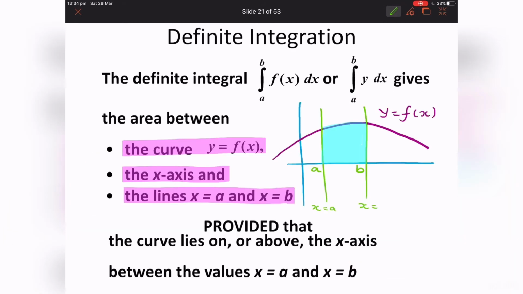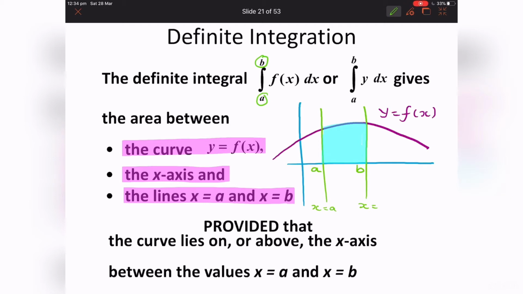So the definite integration means that on the integral sign here, we have limits from a to b. Usually the lower number is at the bottom and the higher number at the top.